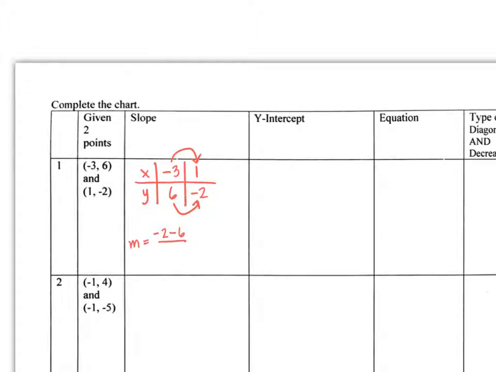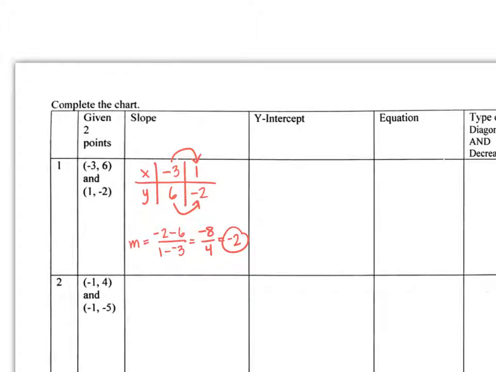And then I want to know, how do I get from -3 to 1? So I go 1 minus a -3. Okay, -2 minus 6 is -8. 1 minus -3 is +4. And so that gives me a slope of -2. Okay, so again, that's using slope formula.